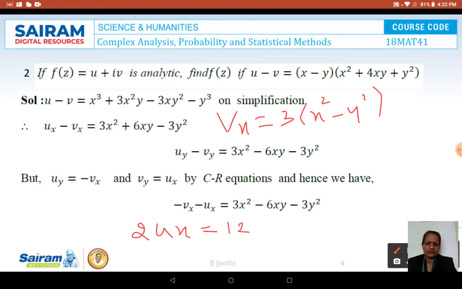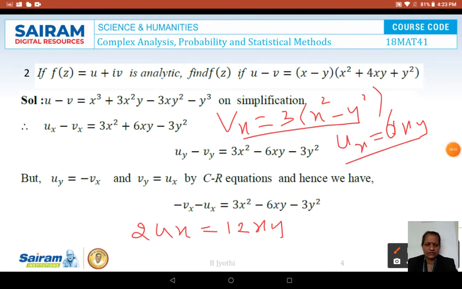It will become 12xy and even 3y square gets cancelled. So what is my ux is 6xy. Right? So vx is 3 times of x squared minus y square and ux is 6xy and vx is this we are getting. Okay.